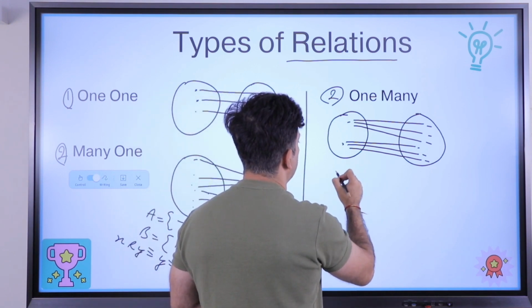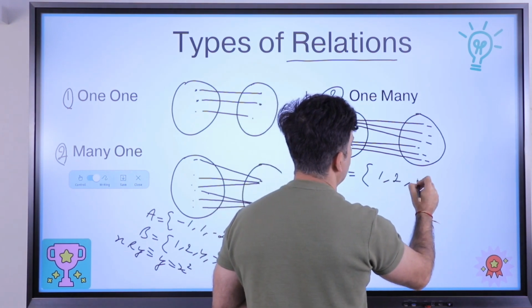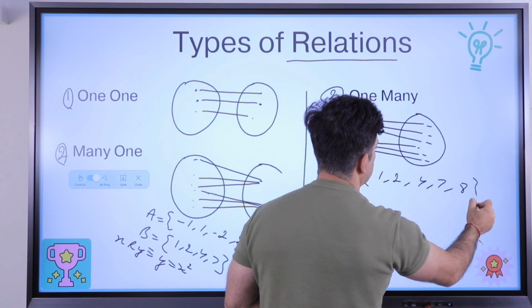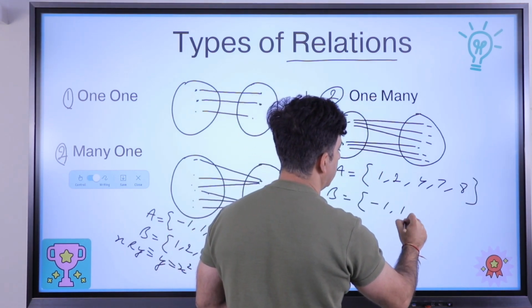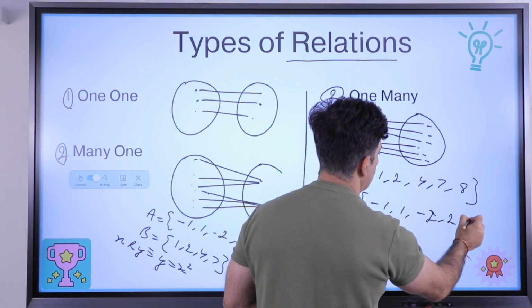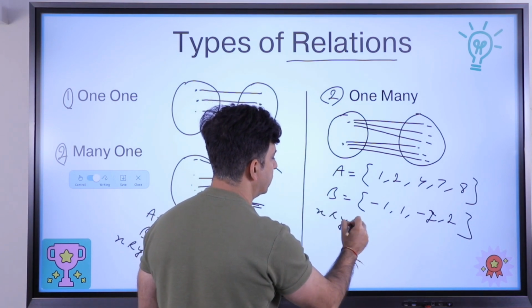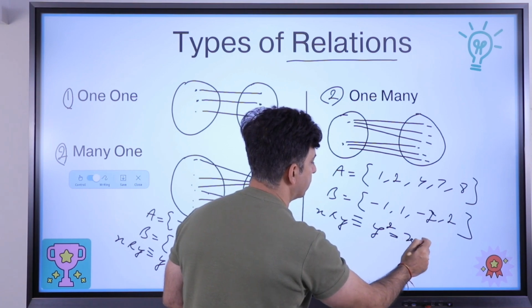Let's say, again, A is 1, 2, 4, 7, 8, and let's say B is -1, 1, -2, 2. And now our relation x or y is given to us, where y square is equal to x.